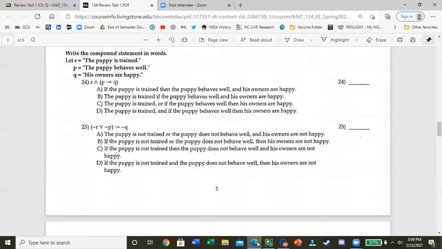And then 25, since R is the puppy is trained, this would be the puppy is not trained. So this is an if-then statement, so this would be if the puppy is not trained or the puppy does not behave well, then his owners are not happy.